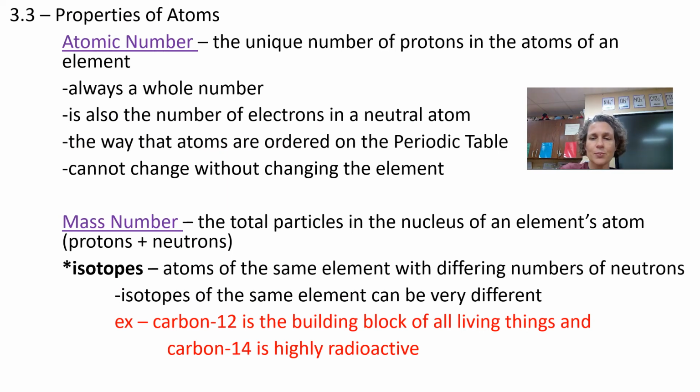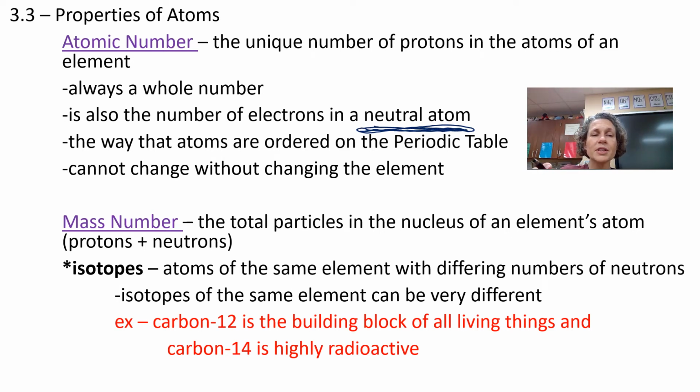Okay, so now some of the properties of atoms. First off, atomic number. This is the unique number of protons that an atom contains. So this is the positive charges. It's always a whole number. If we're talking about a neutral atom, then it is also the number of electrons, and we'll talk more about that.